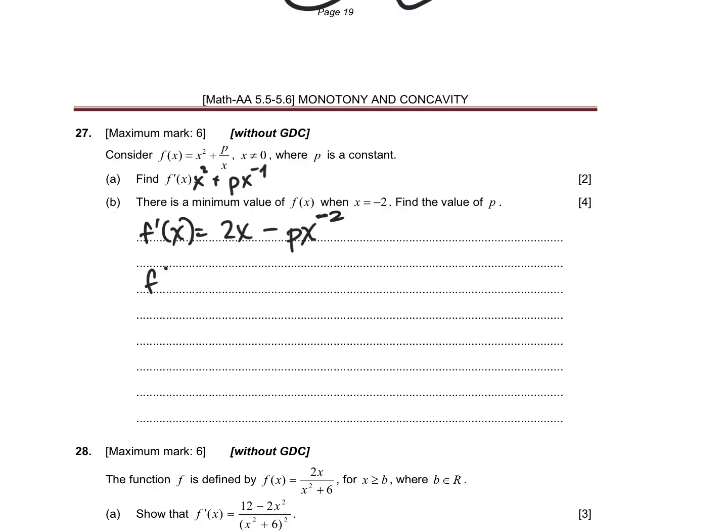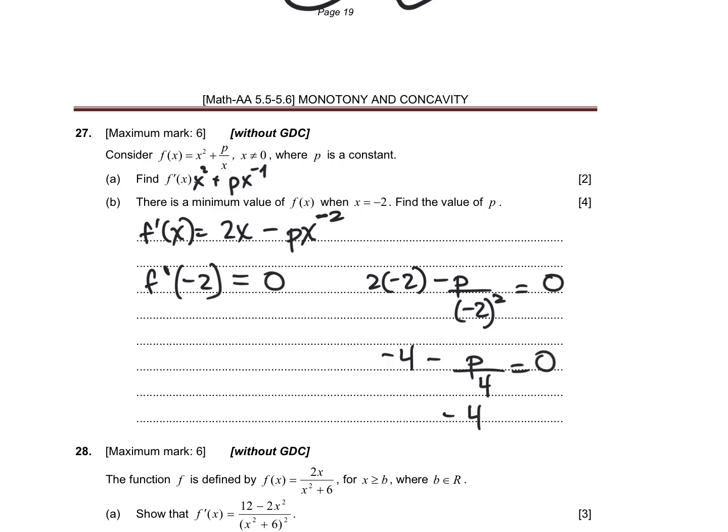So we're saying the derivative at negative 2 equals 0. So we've got 2 times negative 2 minus p over negative 2 squared equals 0. So that's negative 4 minus p over 4 equals 0. So negative 4 equals p over 4. So p is negative 16.